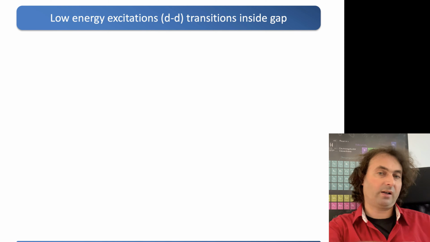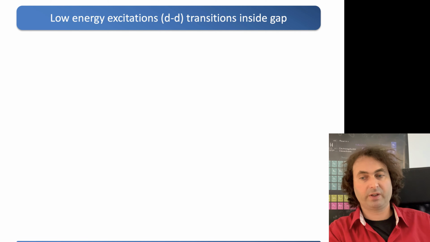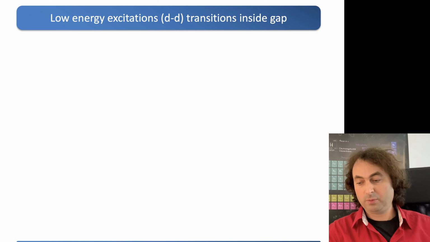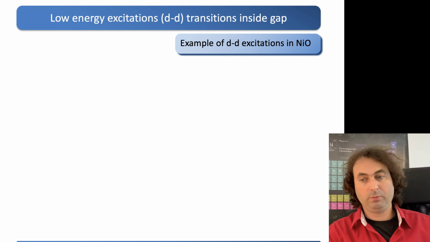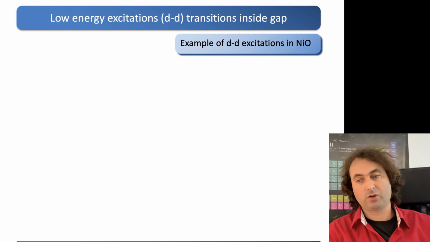But now you can take out an electron from one site and put it in a different orbital or with a different spin on the same site. This gives effective low energy excitations. These excitations can actually propagate through your system, becoming magnons or DD excitations, orbitons within your solids.